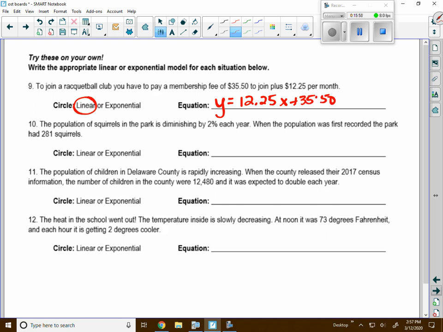Okay, so an explanation of this one is that the 12.25 is per month plus a one-time fee of $35.50 to join. So that's why that's our y-intercept.